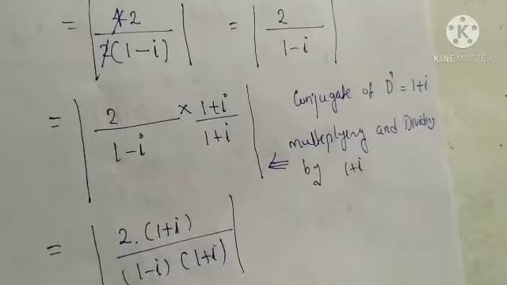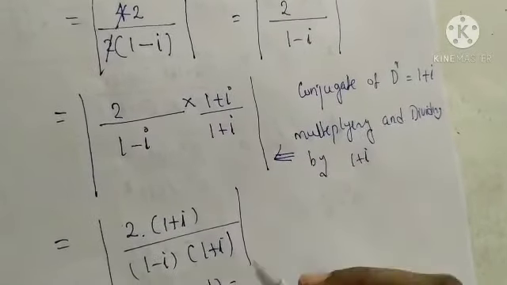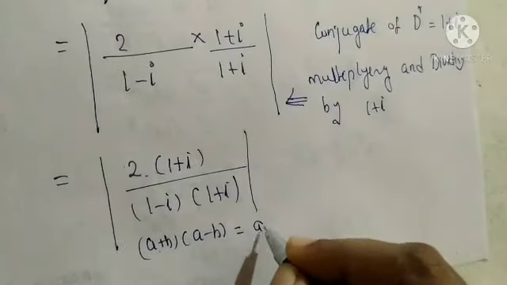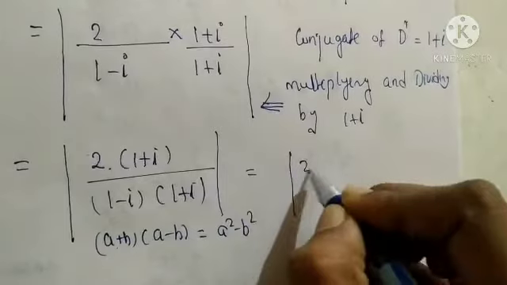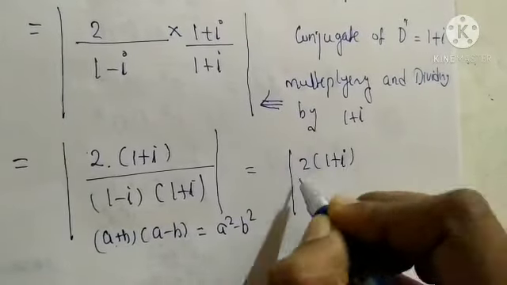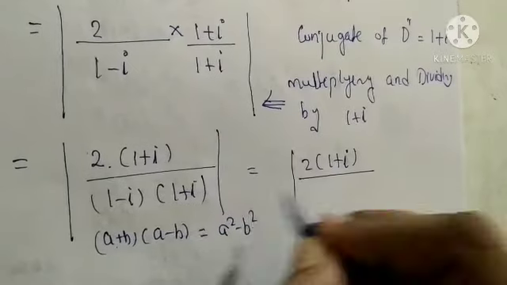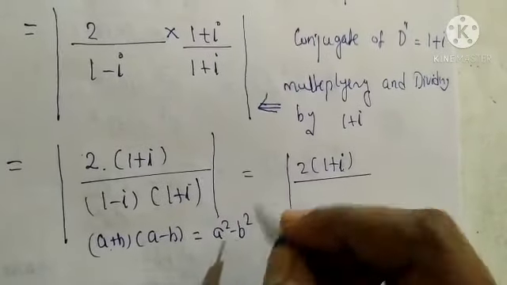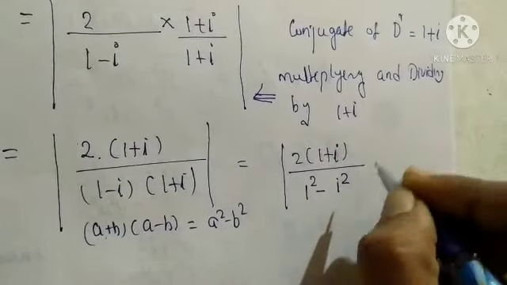So this is in the form of (a plus b) into (a minus b), and the value of (a plus b) into (a minus b) is a square minus b square, right? So next I am going to replace this denominator. The numerator remains the same, and in the denominator I am going to replace a by 1 and b by i. So it will become 1 square minus i square.